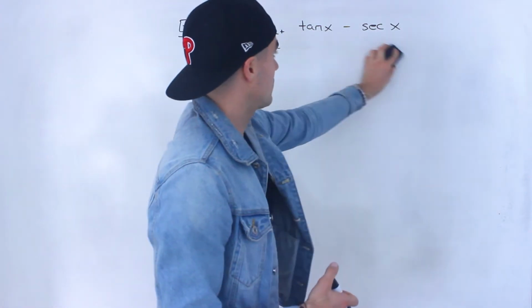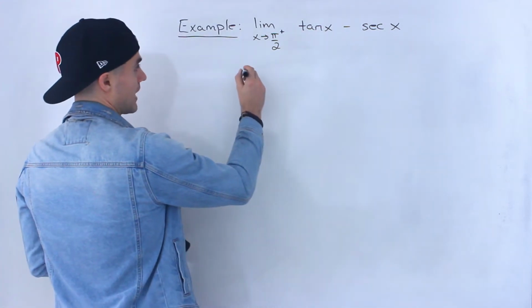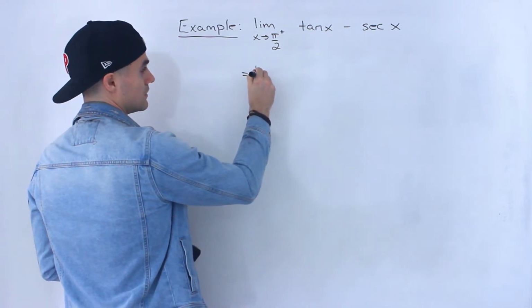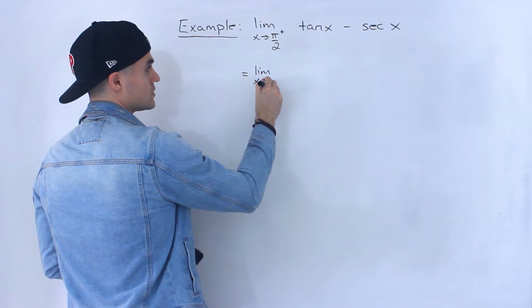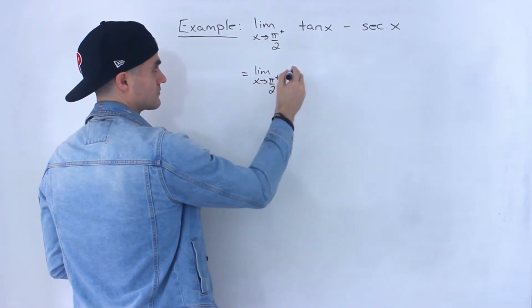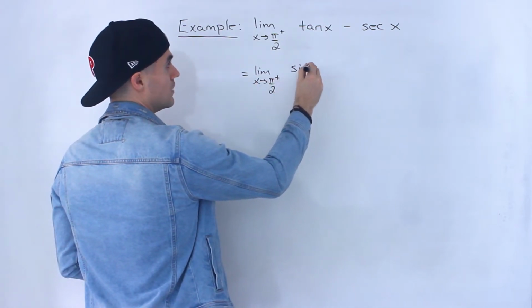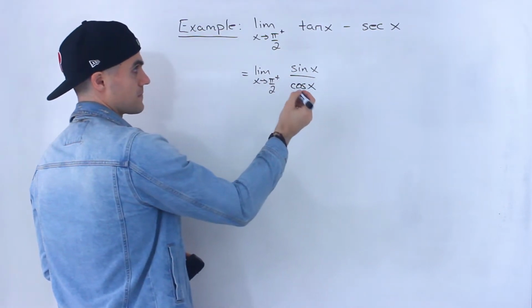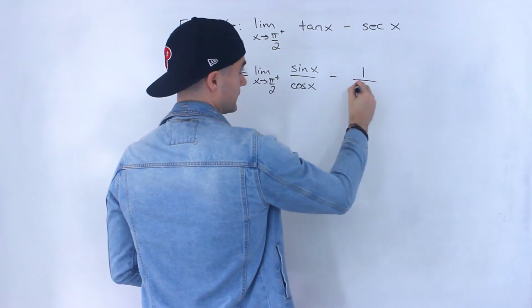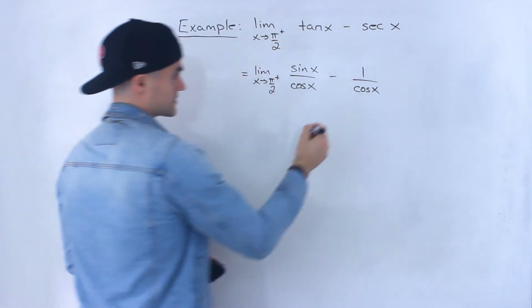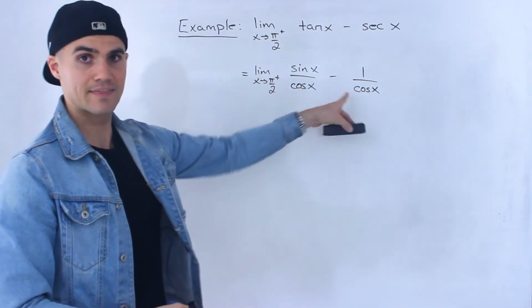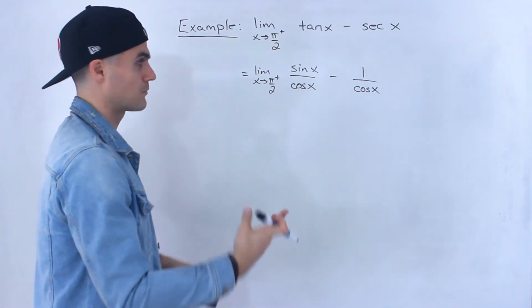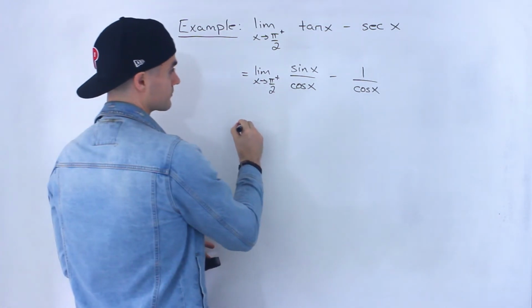Now, what we can do with this here is we can actually change these. So the tan x we could change to sin x over cos x, and then the secant x would be 1 over cos x. And now notice that these two have a common denominator. Remember that was one of the methods we went over?